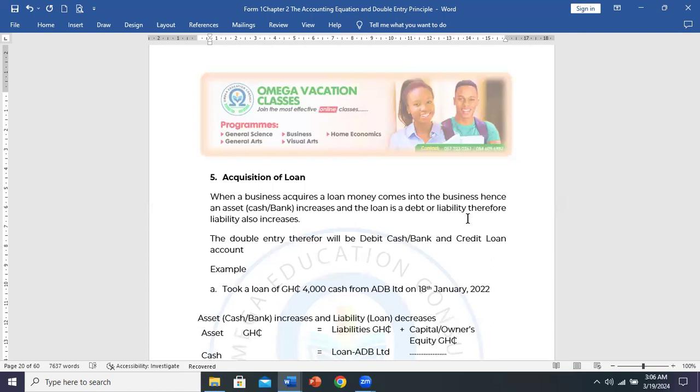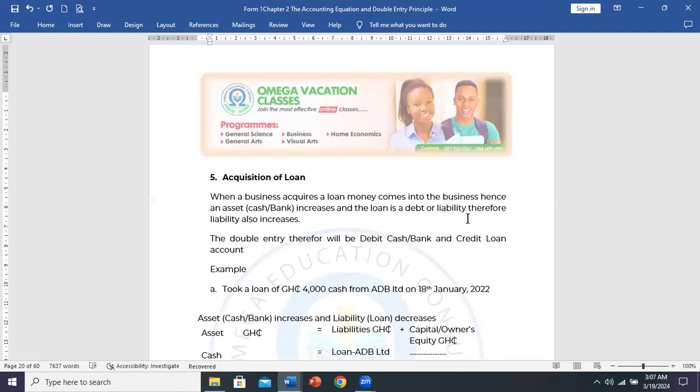So there will be an increase in liability, loan, and also an increase in asset, which is cash or bank, because the loan will come in the form of cash or bank. So anytime you see a business is going for a loan, the two elements are asset, which is cash or bank, and liability, which is the loan.